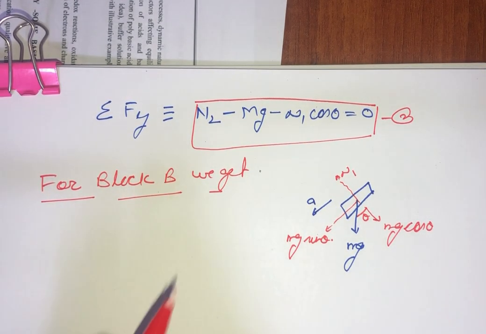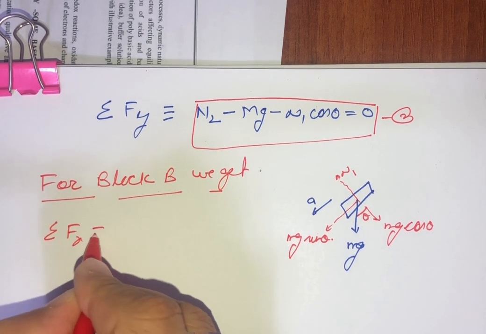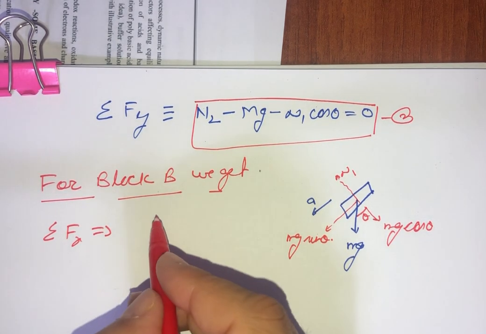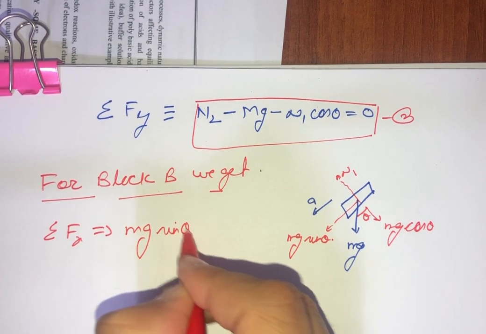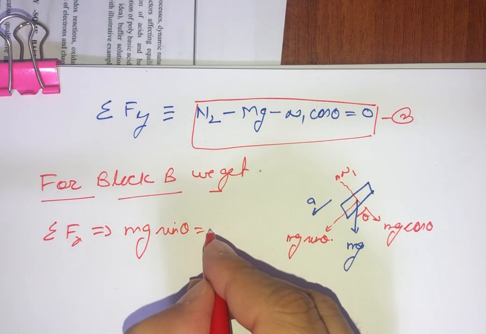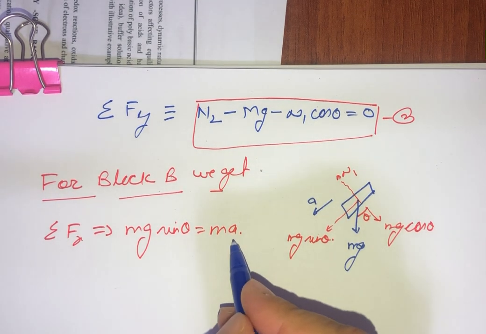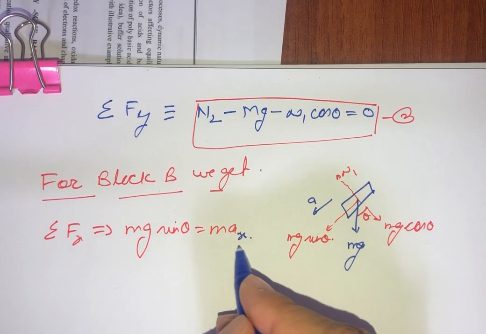So for block B, summation of forces in x direction is equal to mg sine theta is equal to m a, or we can say in x direction, m a_x.